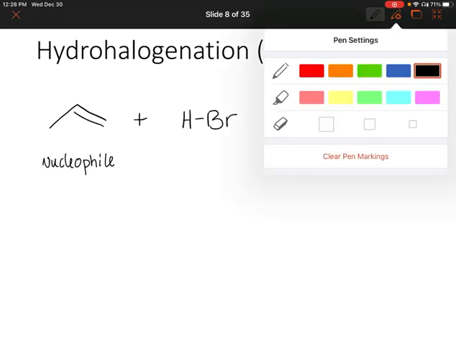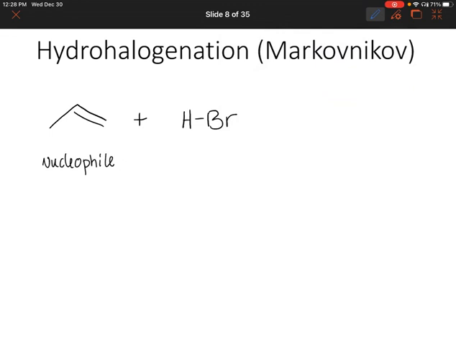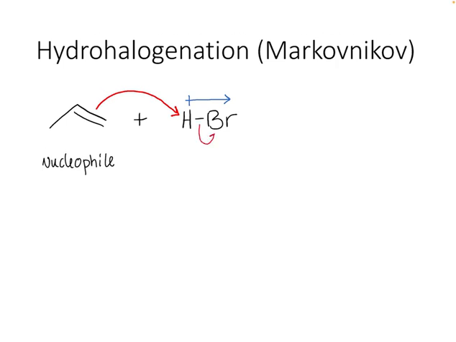The hydrogen, because bromine is more electronegative. So that means the double bond, or the pi bond, is going to grab onto a hydrogen there, and then the shared electrons will be left on bromine.